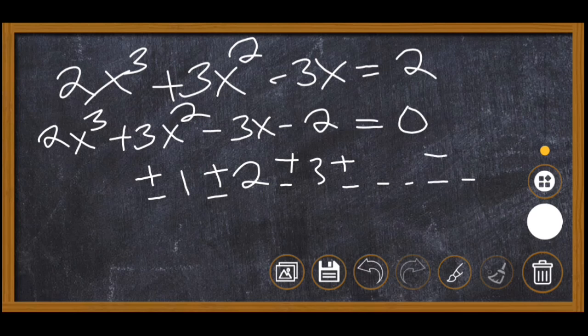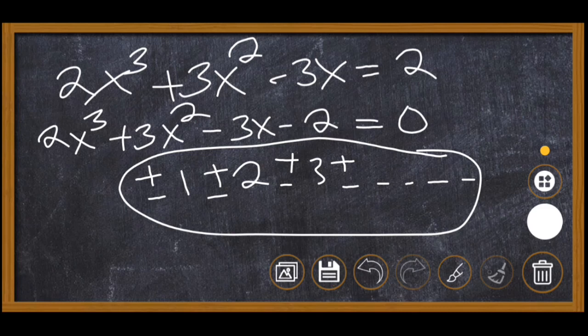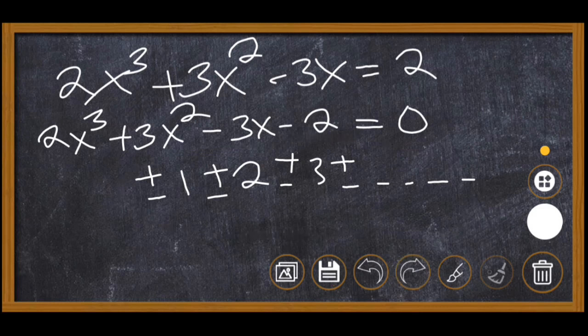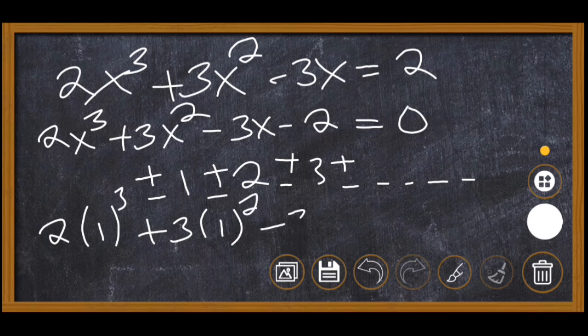These are the values you keep on trying, and whichever value gives you 0 is a divisor. Okay, so let's try positive 1. Let's replace where there is x with positive 1. Let's see if this gives us 0, then this positive 1 we will say is a divisor.